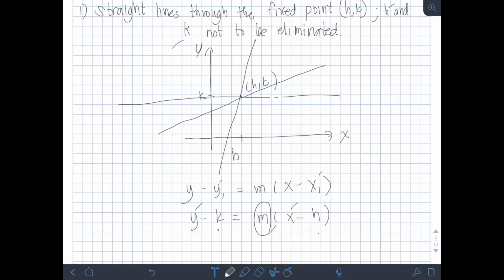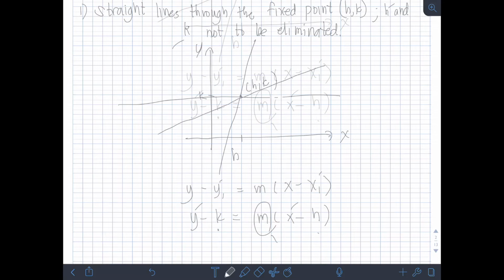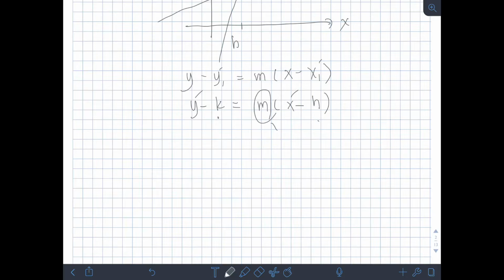Ngayon, apply natin yung natutunan natin sa elimination of arbitrary constant, wherein ang i-eliminate natin ay itong m. Pwede natin gawin dito ay i-differentiate natin implicitly. So, we differentiate both sides. Derivative ng y is 1, so 1 times dy for the implicit differentiation. Then, derivative ng negative k is constant yan, so 0 lang, minus 0 equals m.